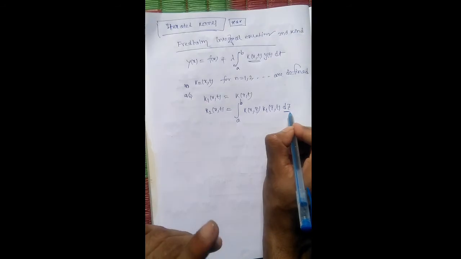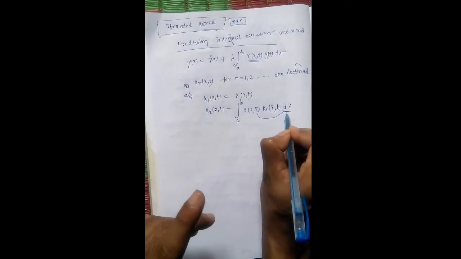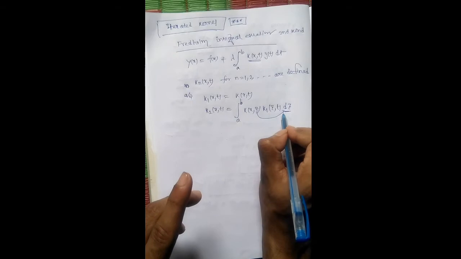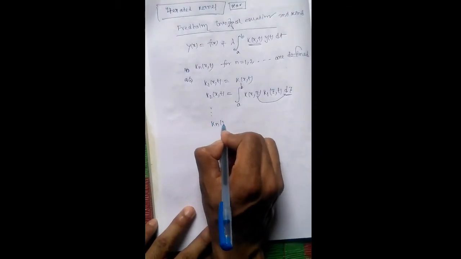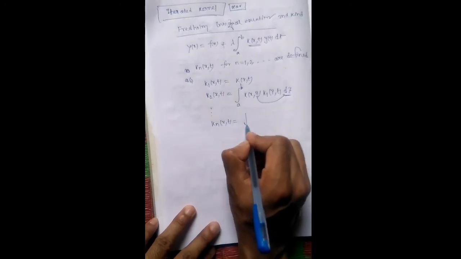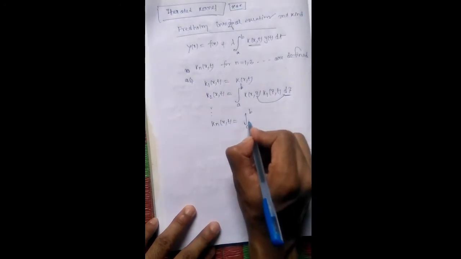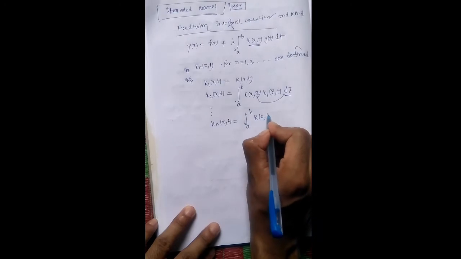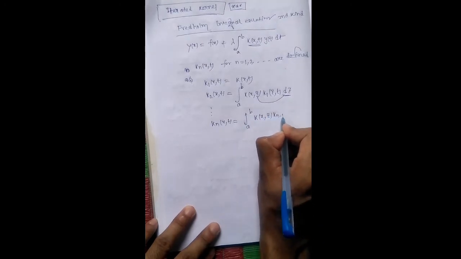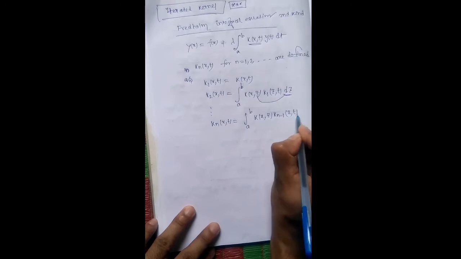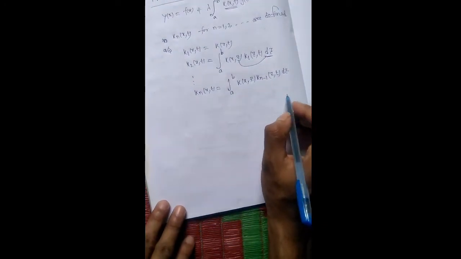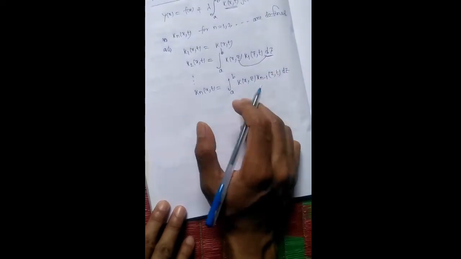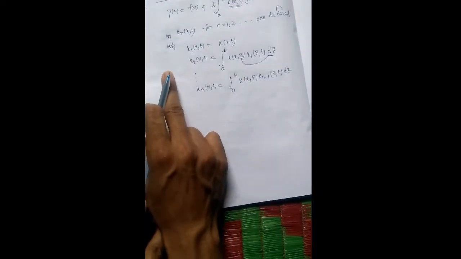Okay, the integration is taken for z, only z. So similarly we get K_n(x,t), this is nothing but integration over a to b K(x,z) K_{n-1}(z,t) dz. Okay, these are our iterated kernels for Fredholm integral equations, but it is different in Volterra integral equations.